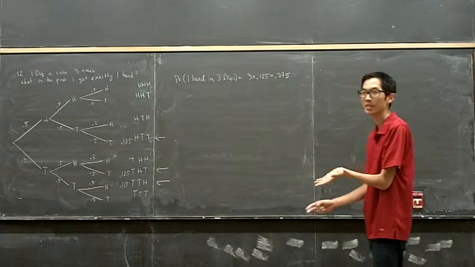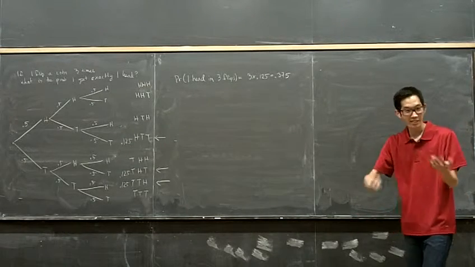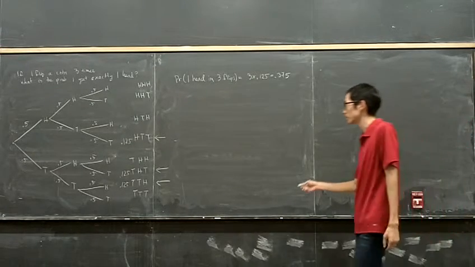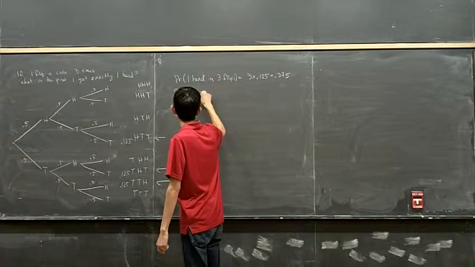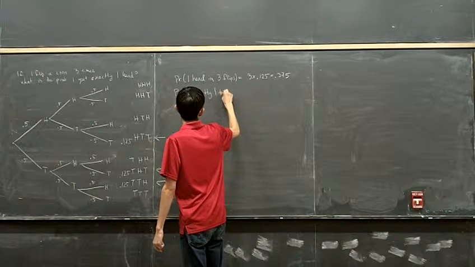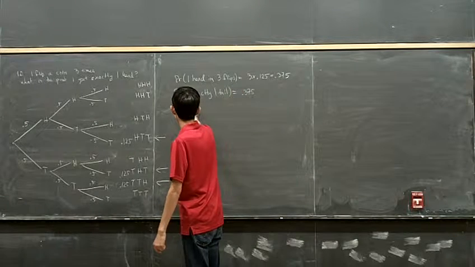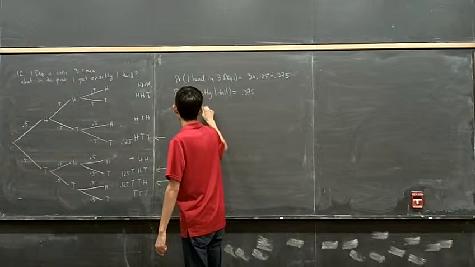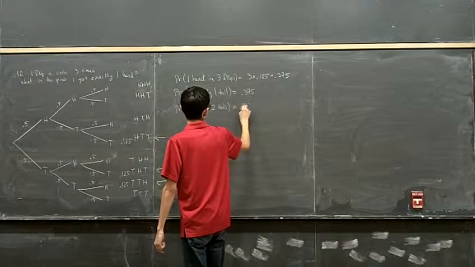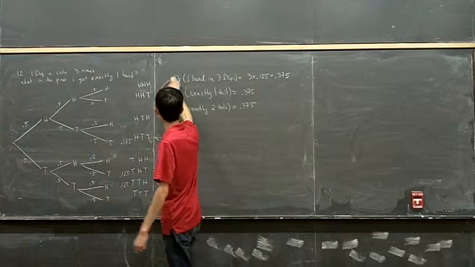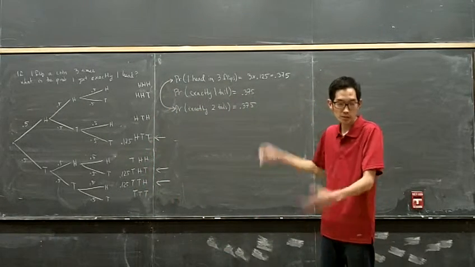Not trying to be tricky here, but you just have to think about some of these things, okay? So the probability of exactly one tail is also 0.375. The probability of exactly 2 tails is also 0.375, because 2 tails is the same thing as one head. And so on and so forth.